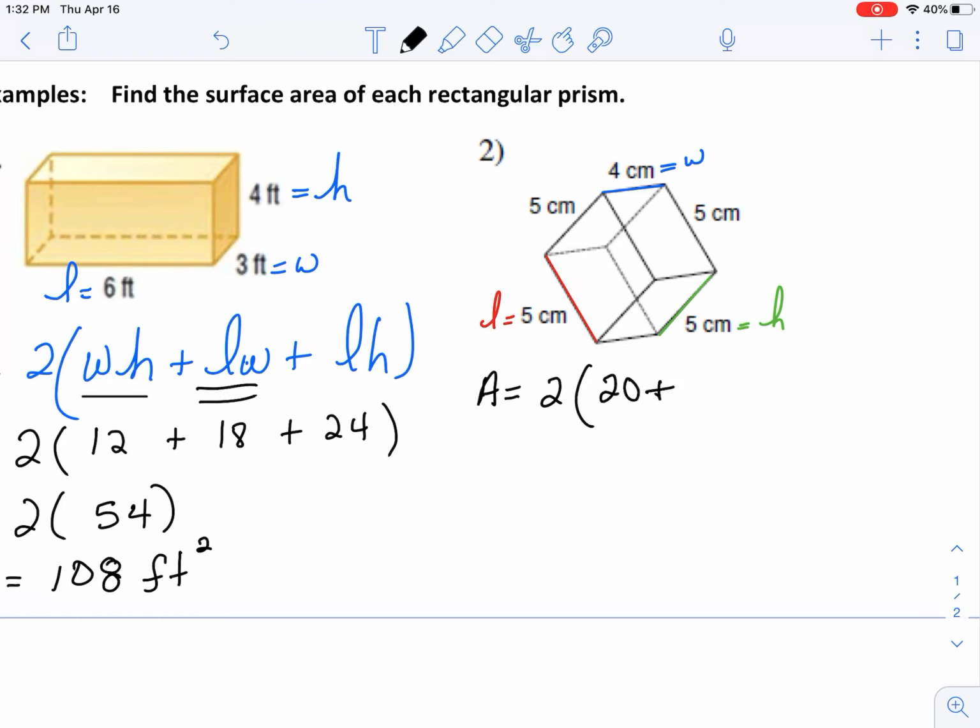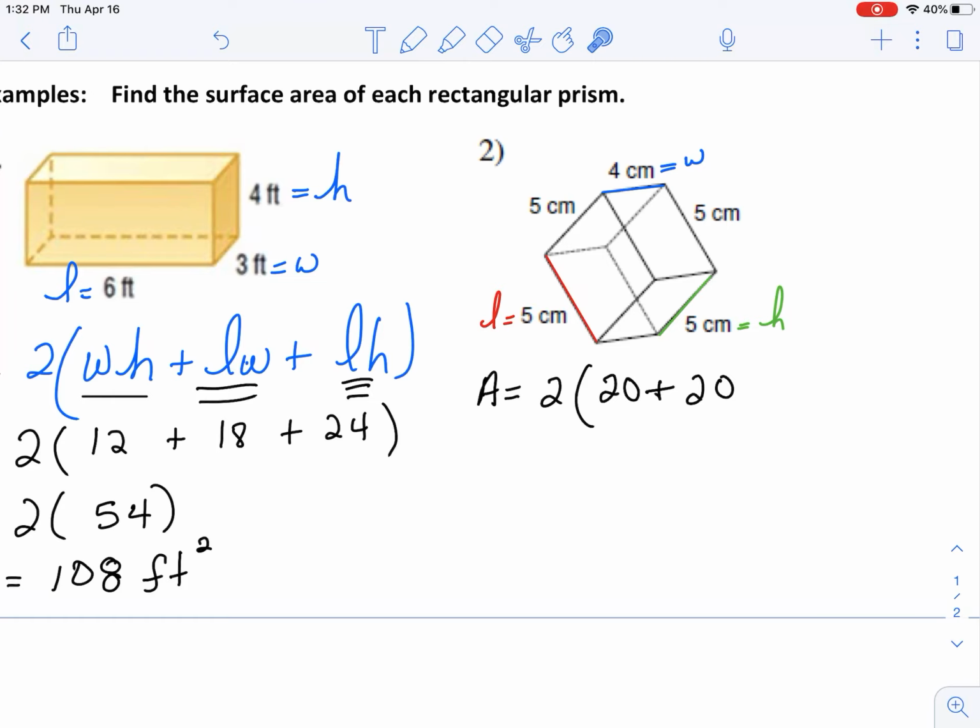Now the next one is length times width. So your length is 5 times your width, which is 20. And then again, the last part, length times height.